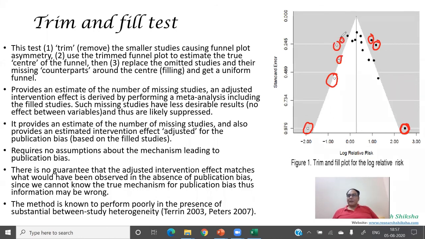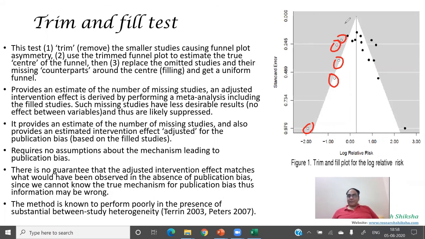So what are these white dots? These white dots indicate that you need this number of studies to retain your effect size.